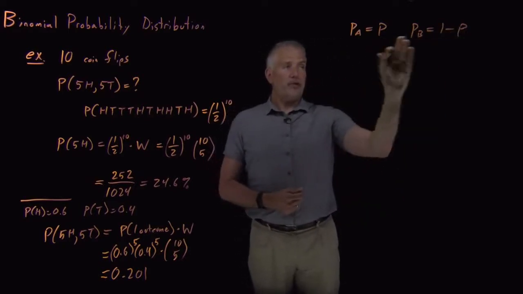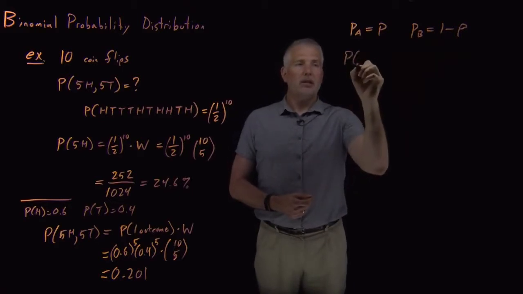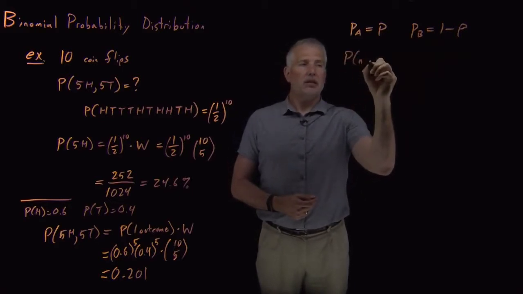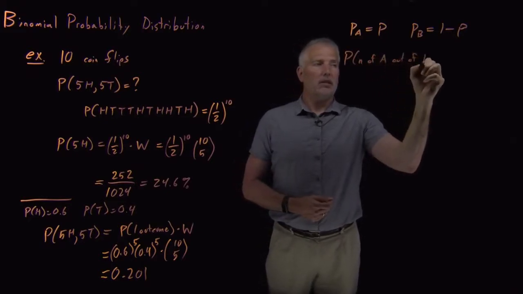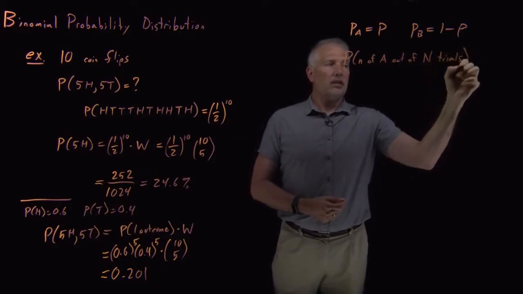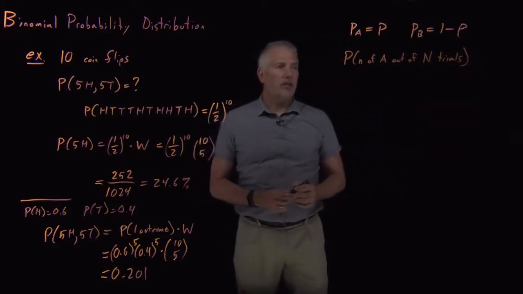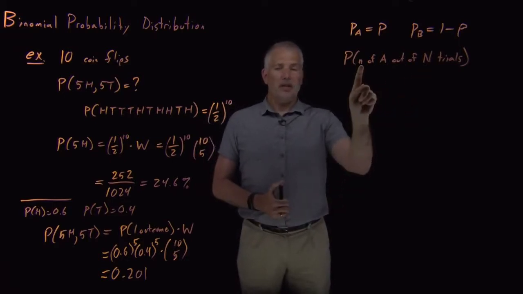So 60-40, 50-50, doesn't matter, but those two numbers have to add up to 1. The interesting question that we can now write an answer to is, if I try something big N times, what's the probability that little n of them come up with the result A?